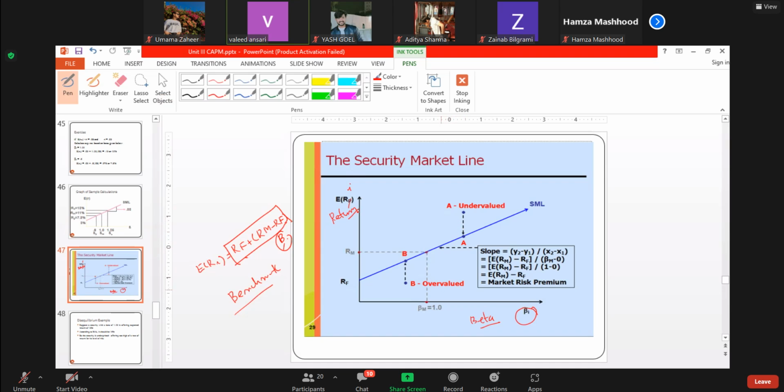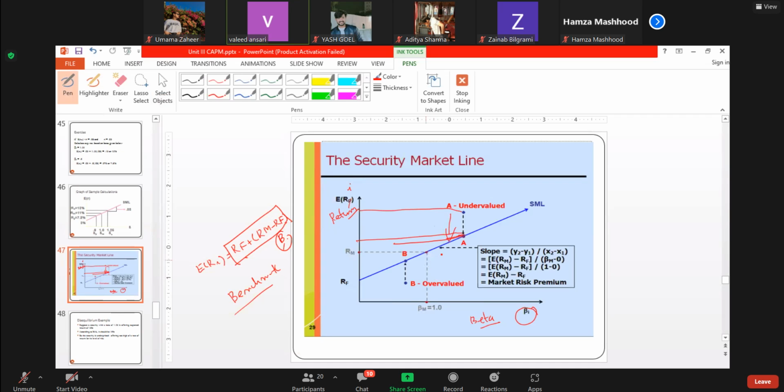For example, if a security is providing this much return, whereas according to CAPM its return should be this much, then since it is providing more return, it is undervalued. The arbitrage process starts: people will start buying it, and when they buy it, the return will come down to this level.